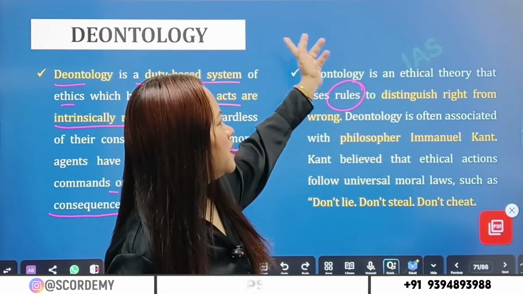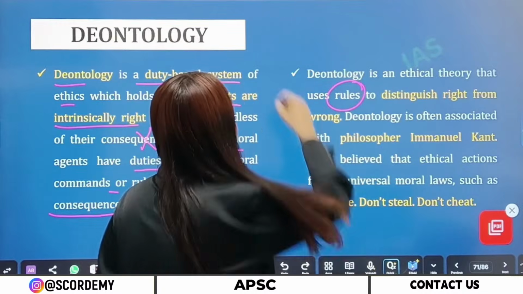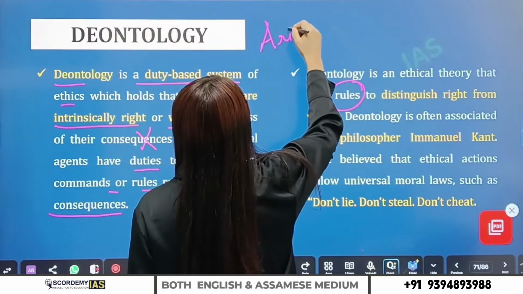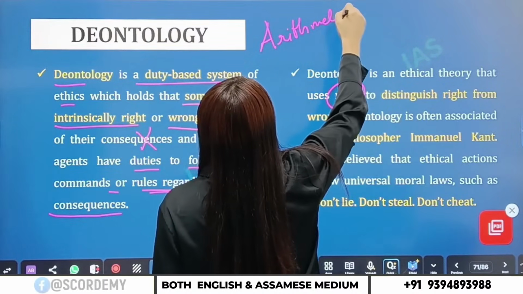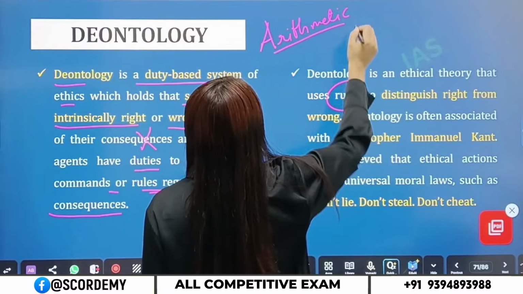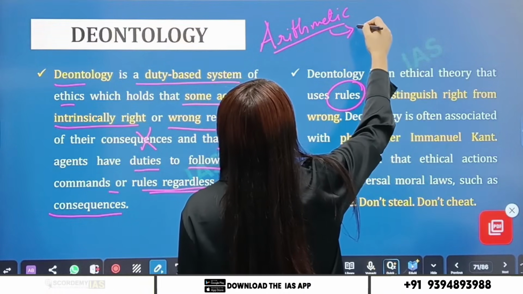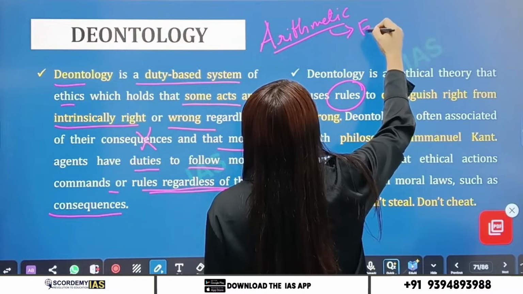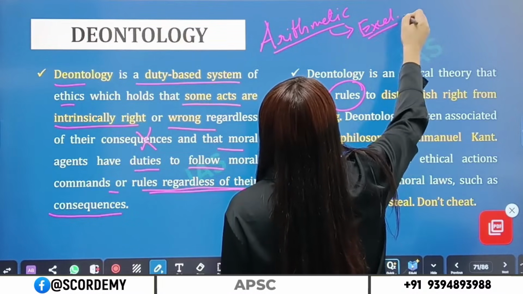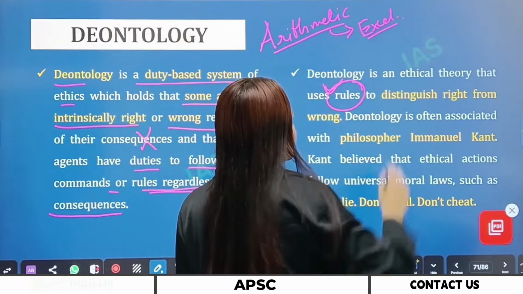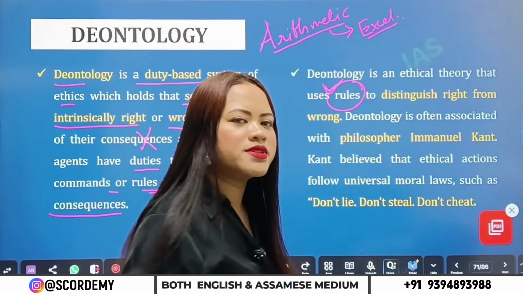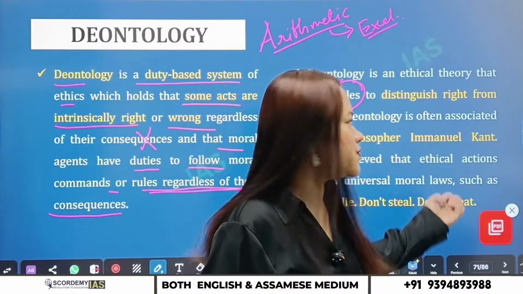Earlier, remember, we were going by arithmetic calculations, like an Excel sheet. Here we are going by a rule book. Rules are rules no matter what. This is very rigid.